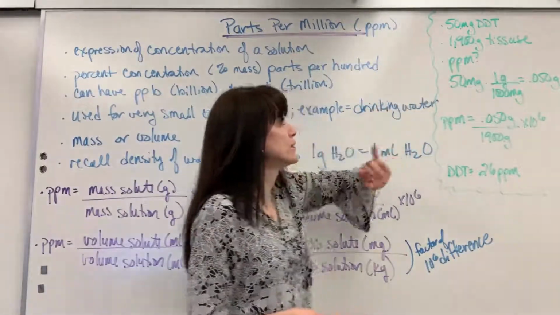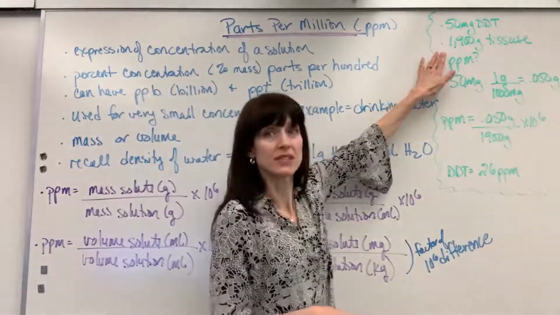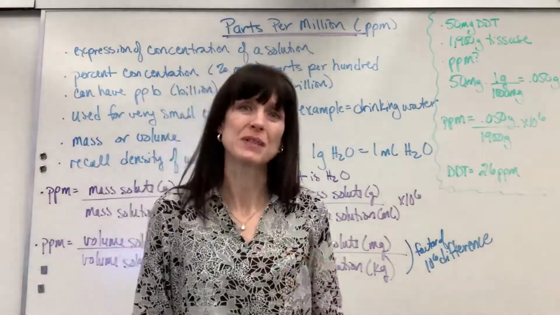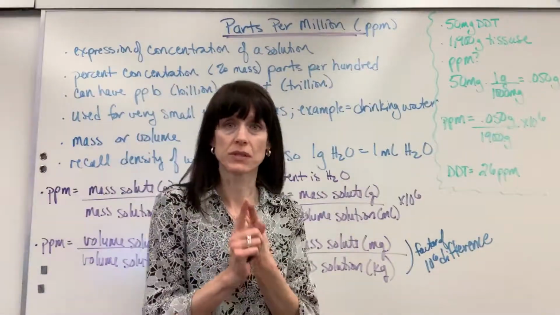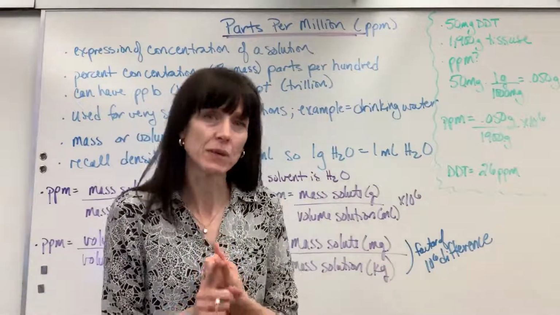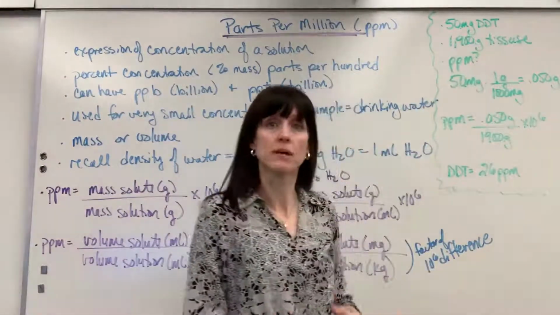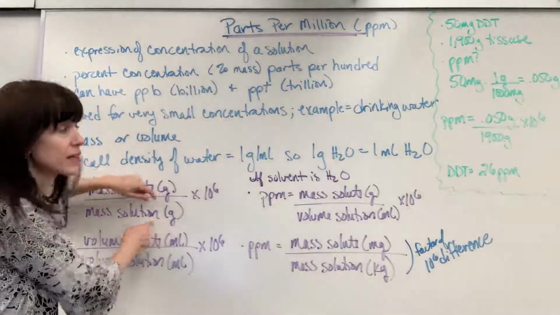They found 50 milligrams of DDT inside of 1,900 grams of tissue of this particular bird. And they wanted to know the ppm, what's the parts per million. So first thing I do is I recognize we're dealing with mass. So I want the same units of mass. I have milligrams and grams. Let's convert that milligram to gram so that we have the same unit of mass right here.